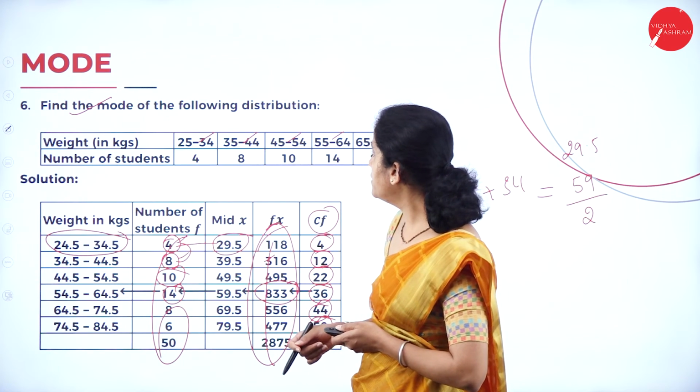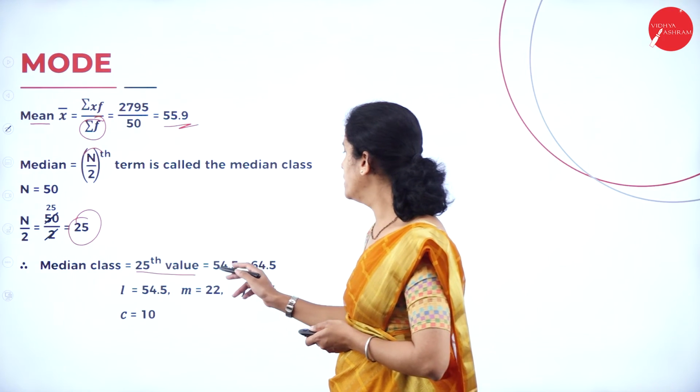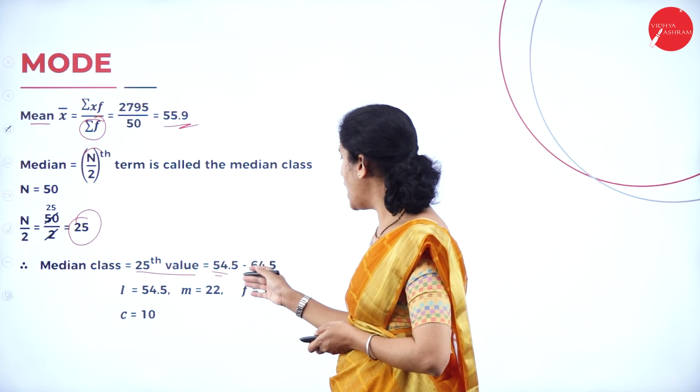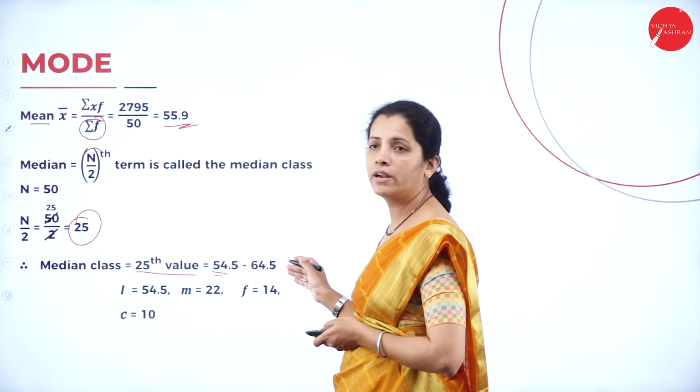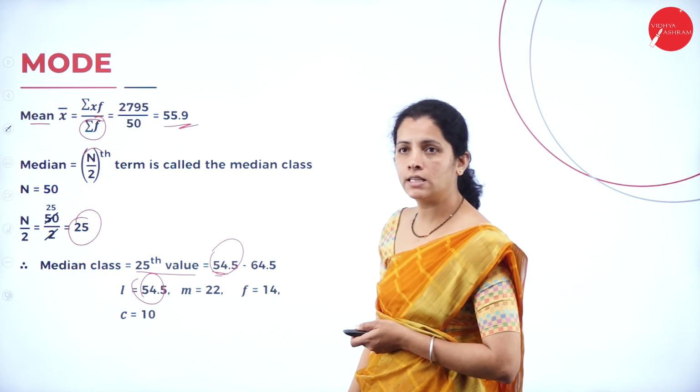So what is the 25th value? Okay, if I consider the 25th value, I have 54.5 to 64.5. So what is L? That is the starting range. And what is M?